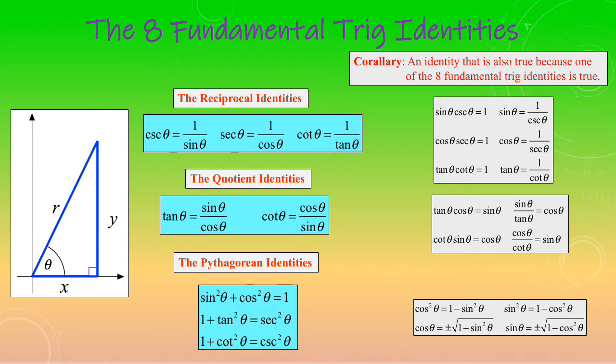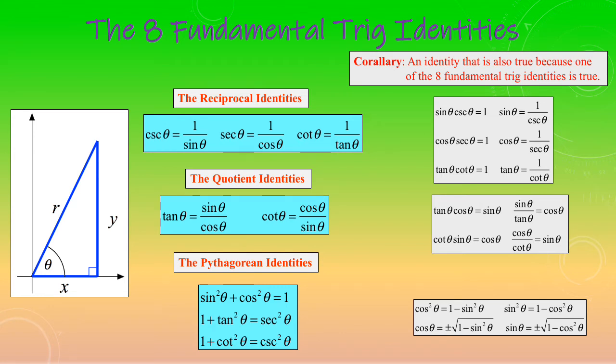For the Pythagorean theorem identities, there are more corollaries. We will just work with the first one, sine squared theta plus cosine squared theta is equal to 1, as we tend to use that the most. We can separate our terms and write cosine squared theta is equal to 1 minus sine squared theta, or sine squared theta is equal to 1 minus cosine squared theta.